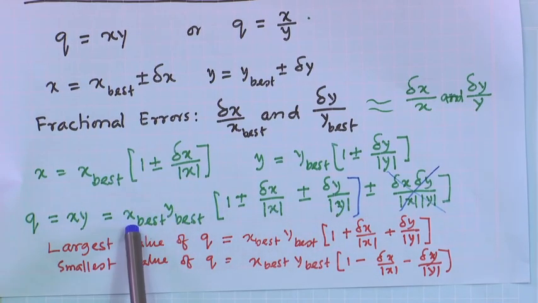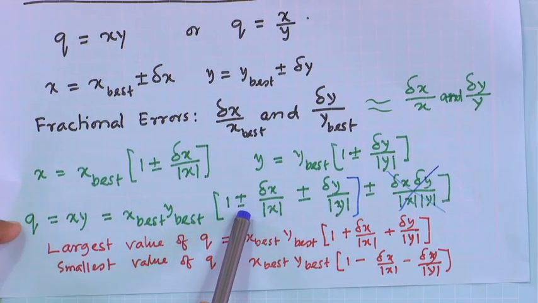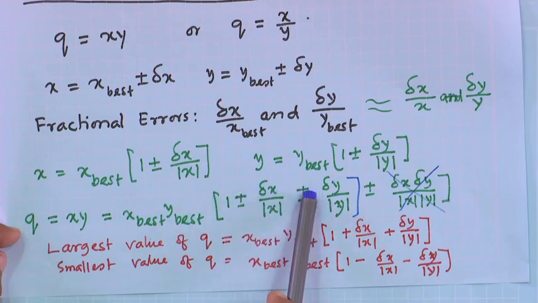If we compare with q best, from here you can tell the limits of this q value, the largest value of q and the smallest value of q. Obviously, the largest value of q is if you take plus in both cases, and the smallest value if you take minus in both cases.